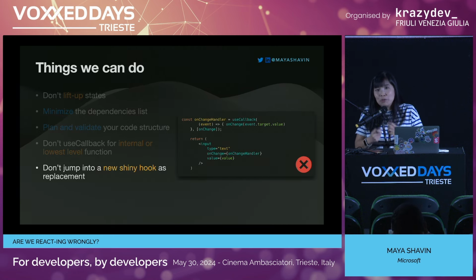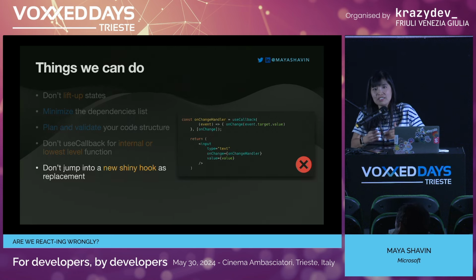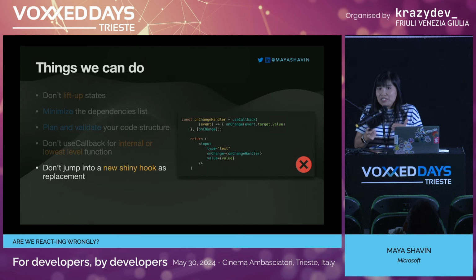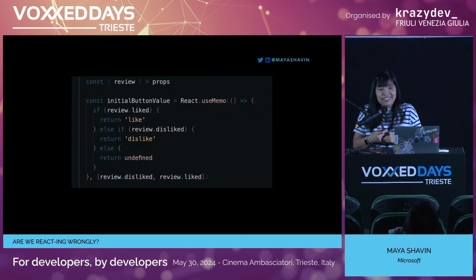But again, they said that this hook would be better than useCallback and would solve the problem of optimization, of performance, and so on. It's not. It's not a problem with the hooks. It's the problem with the one who used the hook. The shiny hook will look shiny and interesting, but it doesn't mean that it will solve your problem. You will still have the same problem in a different scenario, like this.